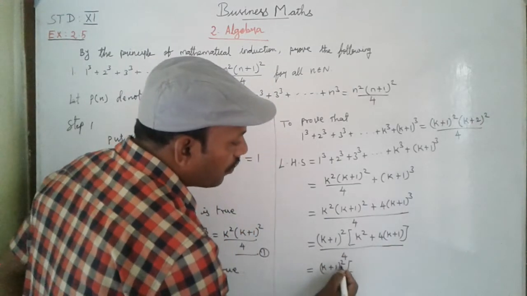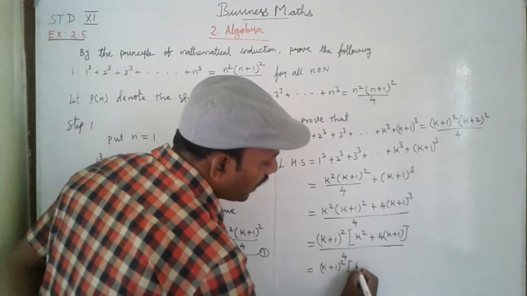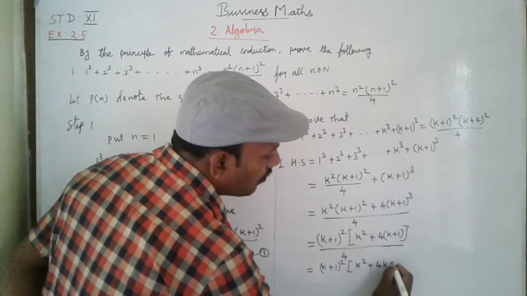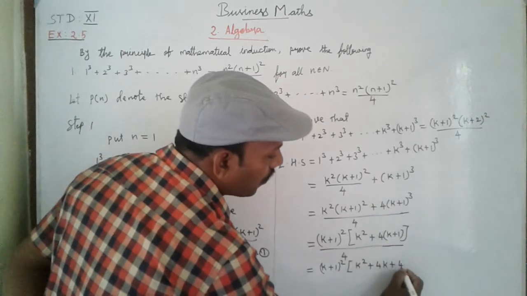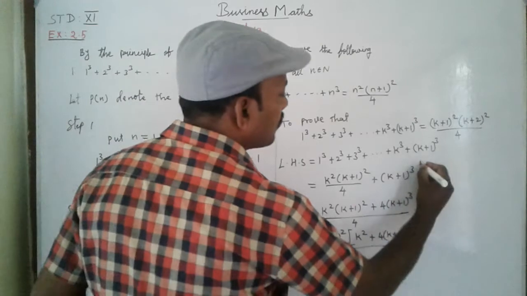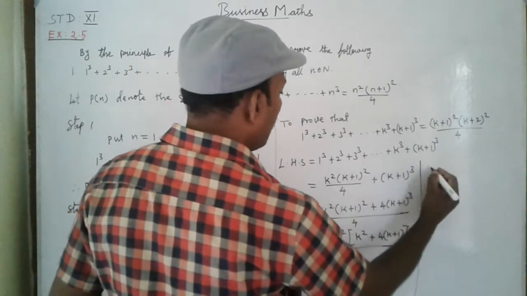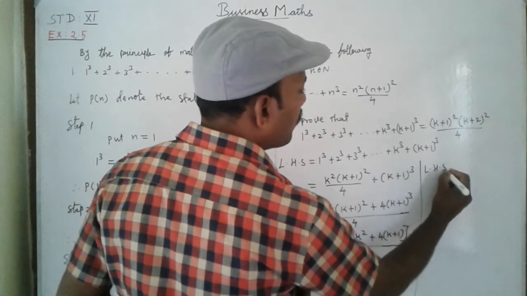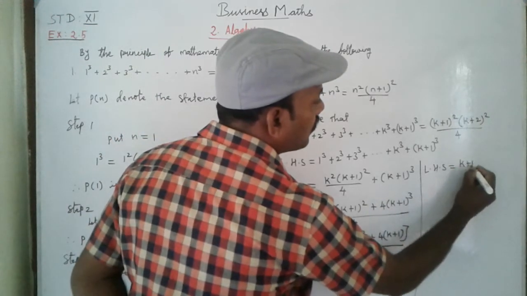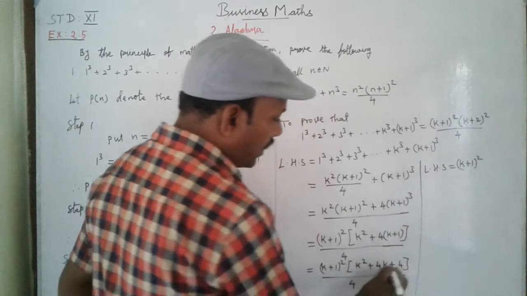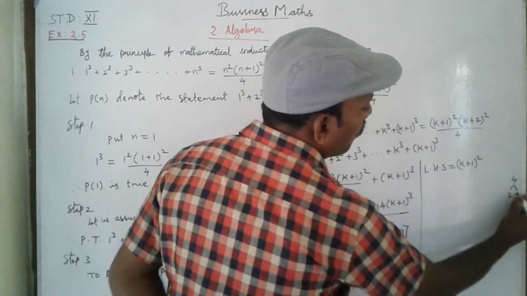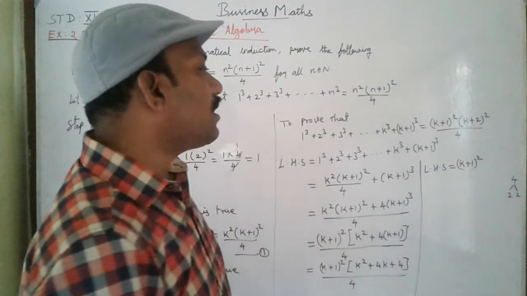So (k+1)² into k² + 4k + 4 into 1 is 4 divided by 4. Let us equal to (k+1)². Factor: 4 is 2 × 2, and 2 + 2 is 4.